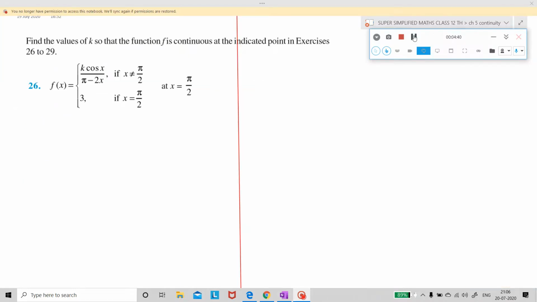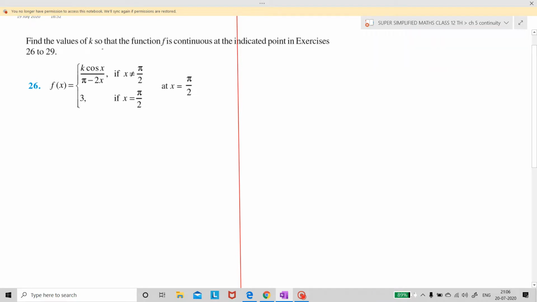Now question 26 says that you have to find the value of k, and it is given that this function is continuous at the indicated point. Here the indicated point is pi by 2, so that means the function is continuous.